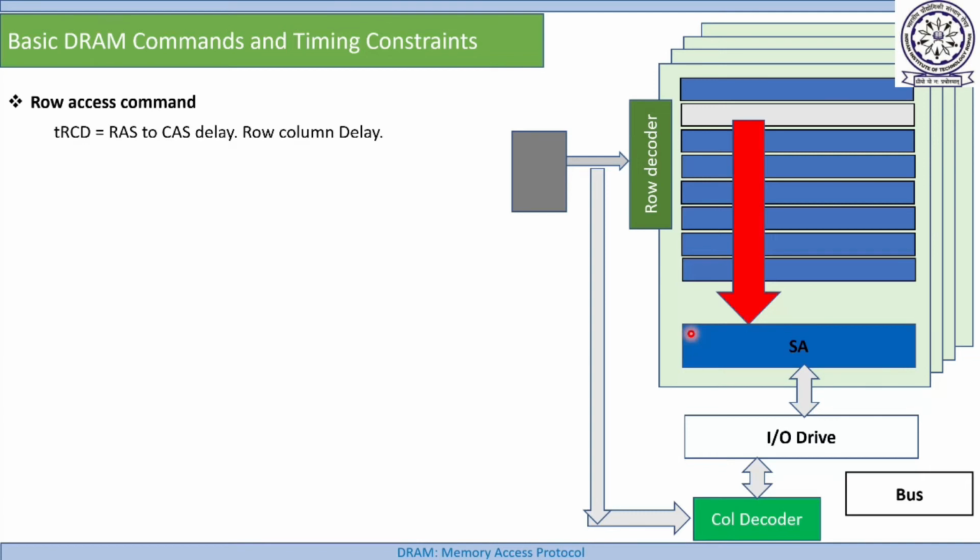This time is called TRCD, or RAS to CAS delay. Sometimes it's also called row column delay. So in other words, once a row access command is issued, that means it reaches the DRAM device, it will take TRCD time to make the row content available in the sense amplifier.